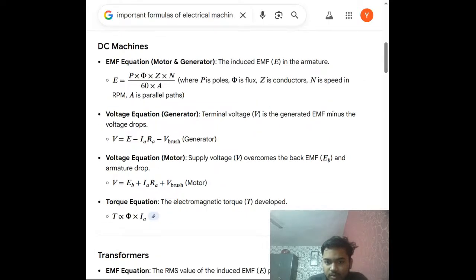DC machine formulas, having the EMF equation. EMF is electromotive force.